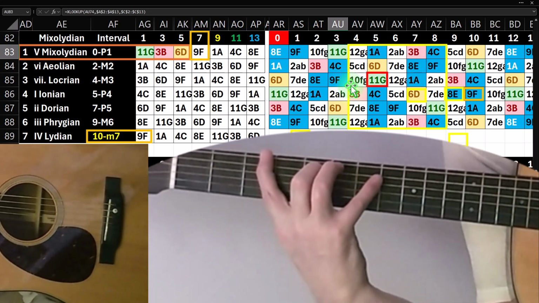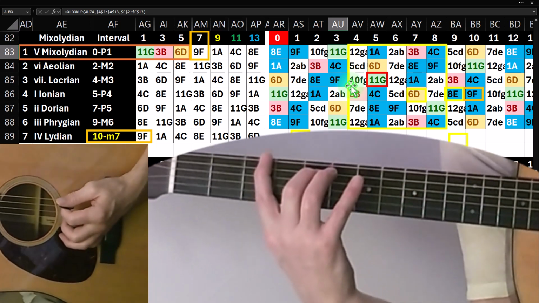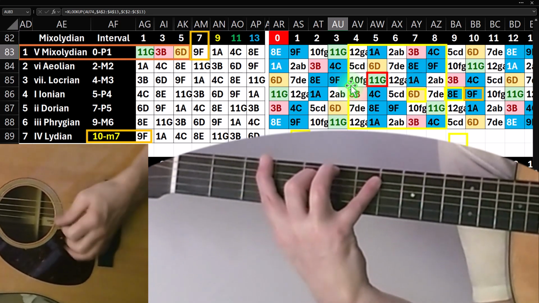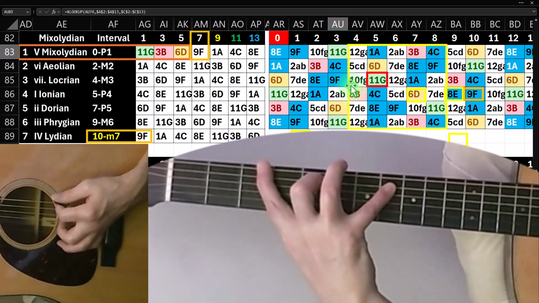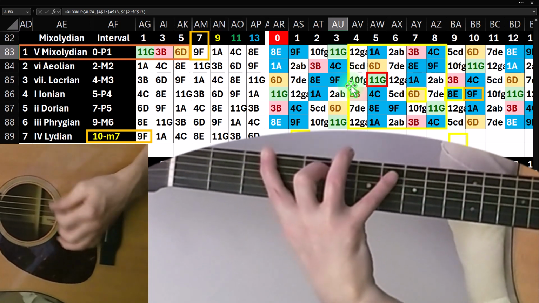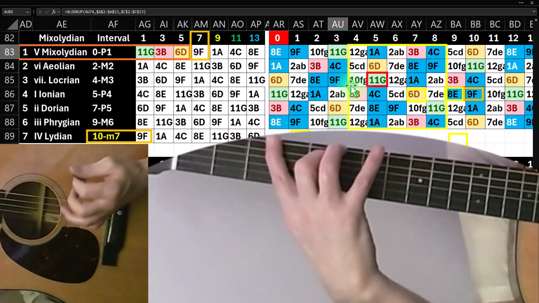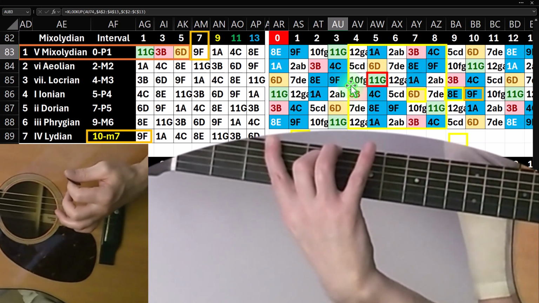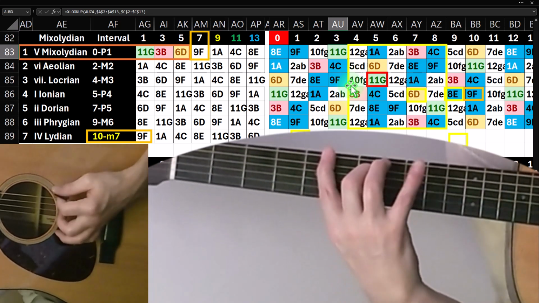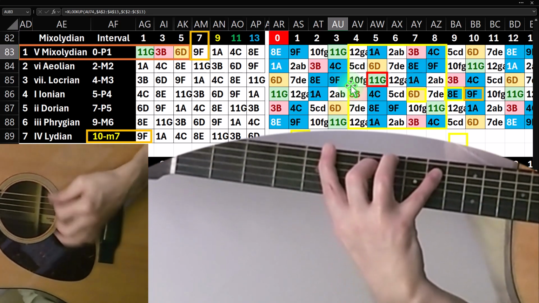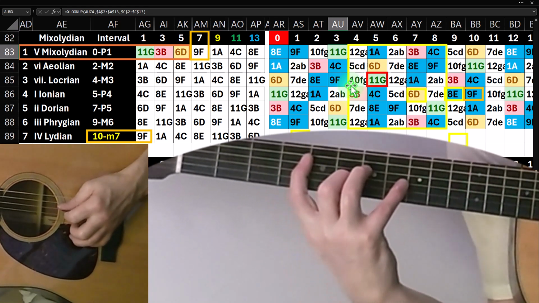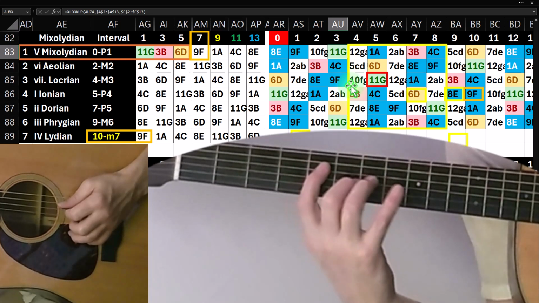So if I play it like this, which I see other people doing, it's not just me, then you can reach out here. So you can basically do it, and if you can do it there, you should be able to do it here on the A. And of course you should be able to do it down here on the G.